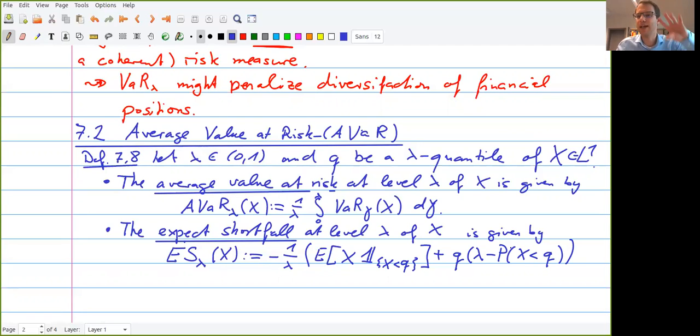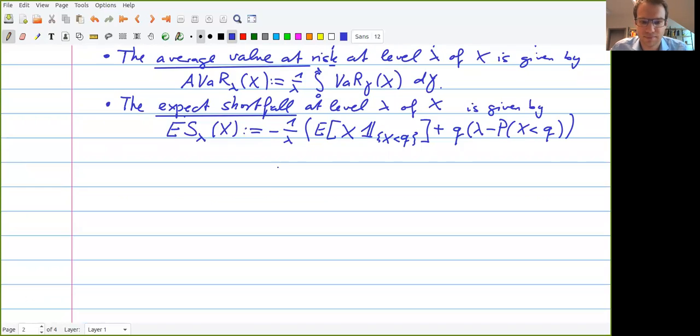Basically, for the expected shortfall, we take the average over the values of our financial position in case X takes some loss. So let me give you directly the remark. Let me leave some space here, I will use this in a minute.